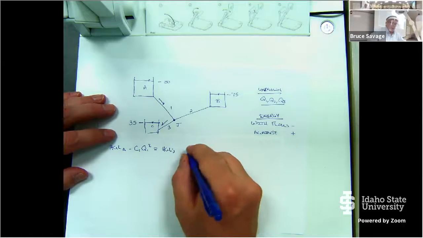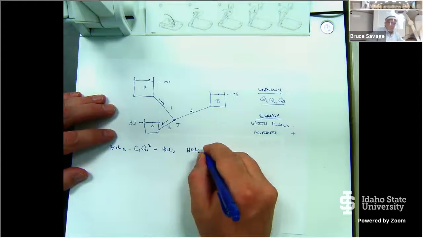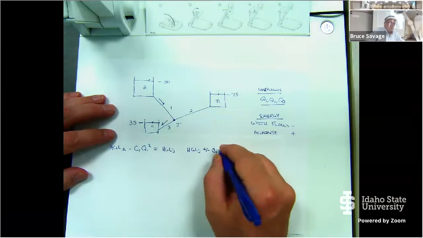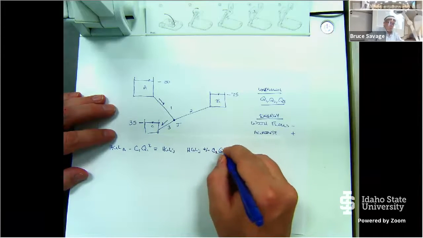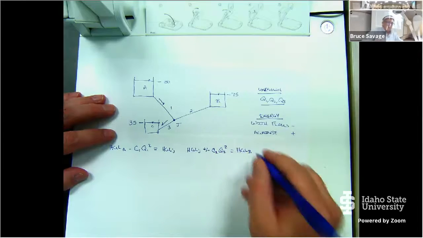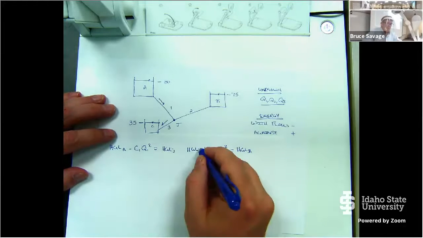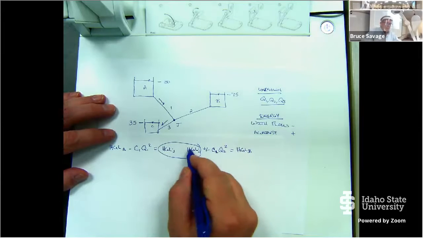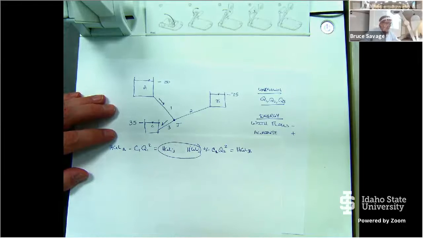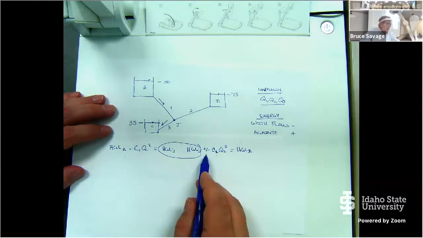And then I write the hydraulic grade line at the junction plus or minus C sub 2 times Q sub 2 squared equals the hydraulic grade line at B. And now if I just do a little substitution, because these two are equal, and bring this other term over to this side, if it's plus or minus, it becomes minus or plus, right?